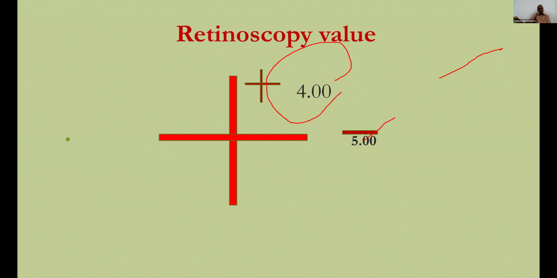How to follow? First sentence: my retinoscopy value is this. But there are two more things you are supposed to write: the age of the patient, what eye drops you have used to dilate, and the distance at which you have done it. You have to do these 3 things and mention them in the case sheet itself.